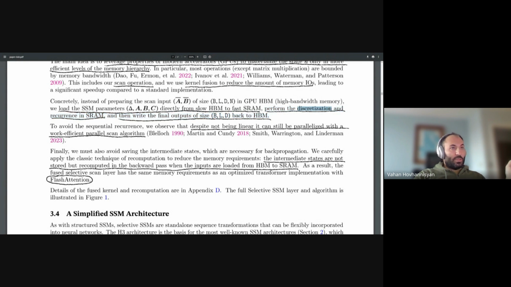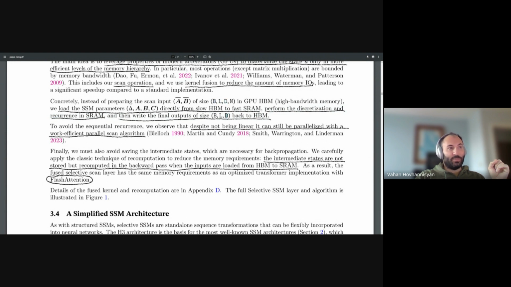So there is a discretization step. I'll go back to that. But they had to implement the training process. So the discretization and the recurrence is done in the SRAM, which is the more efficient memory, right? And then calculate the final smaller dimensional blocks. If you look at the original dimensions, this BLDN are the dimensions.